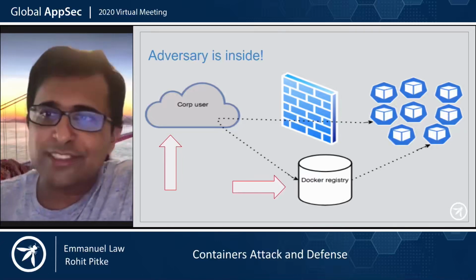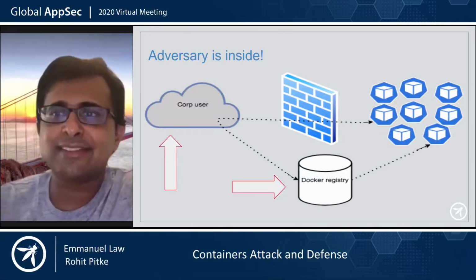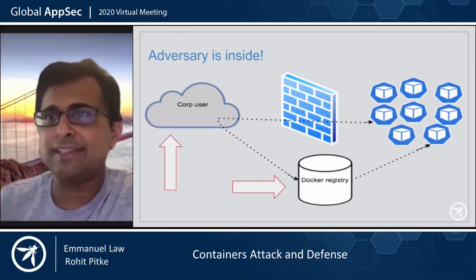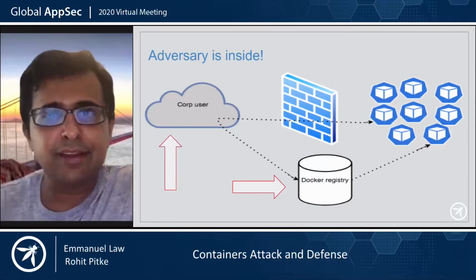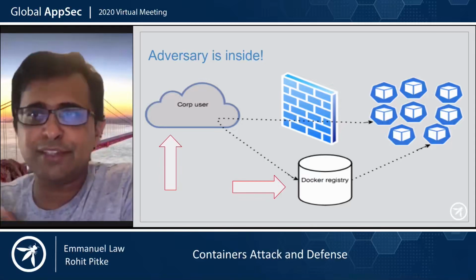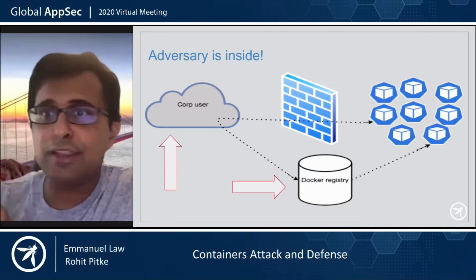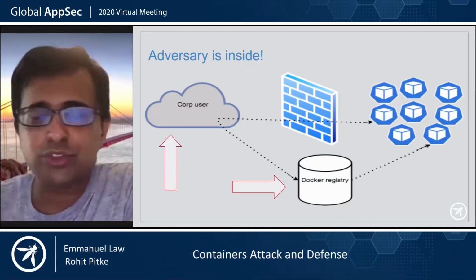So the attacker has different choices at this time. First, they can use some of the attacks that Emmanuel was demonstrating, like the file overlays in the operating systems, and then using some of the deleted Docker images that might have some sensitive details, or some vulnerable Docker images, or they can upload a Docker image of their own choice.